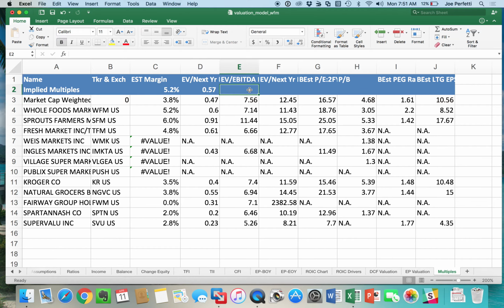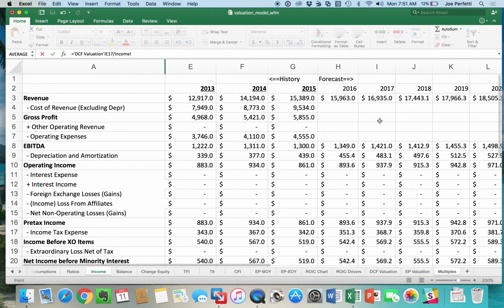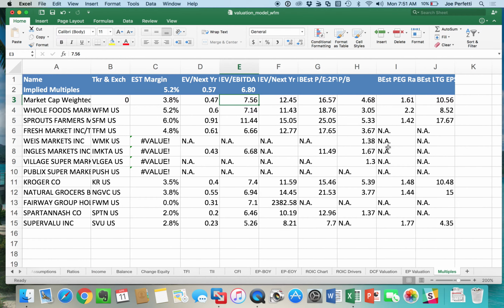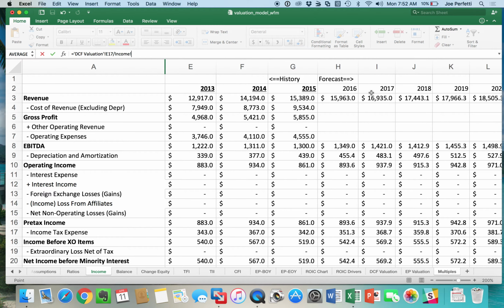Then we do enterprise value to EBITDA, again Bloomberg equivalent enterprise value divided by 2017 EBITDA. Then we have Bloomberg equivalent enterprise value divided by EBIT, so 2017 EBIT, which is operating income.